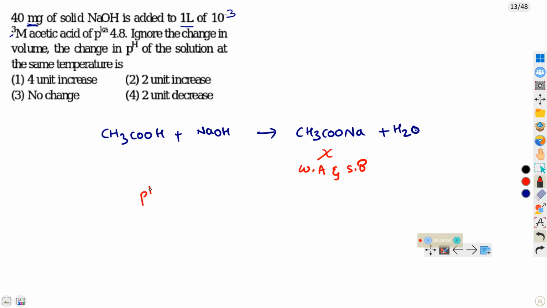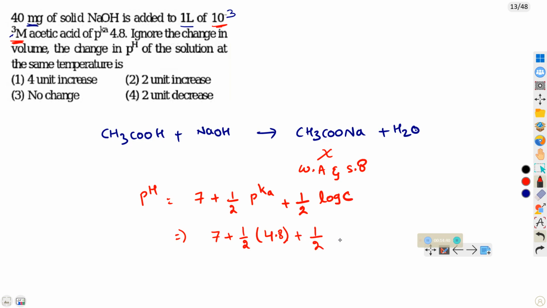So pH is calculated by using the formula 7 plus 1 by 2 pKa plus 1 by 2 log C. 7 plus 1 by 2 of the pKa value 4.8, and concentration is given as 10 power minus 3, plus 1 by 2 log of 10 power minus 3.